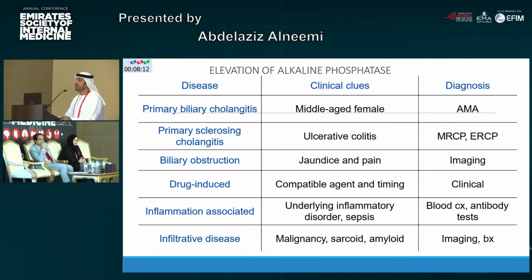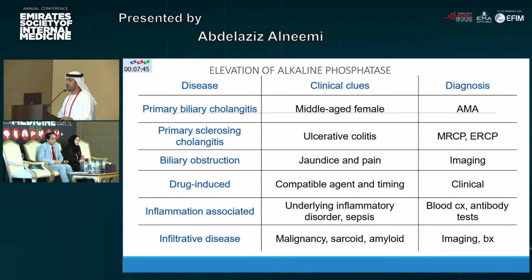When you see elevation in alkaline phosphatase, what does it mean? If you see primary biliary cholangitis in a middle-aged female, order AMA. Primary sclerosing cholangitis: usually you're going to find a patient who has, or is going to be diagnosed with, ulcerative colitis, and this is diagnosed by MRCP or ERCP.